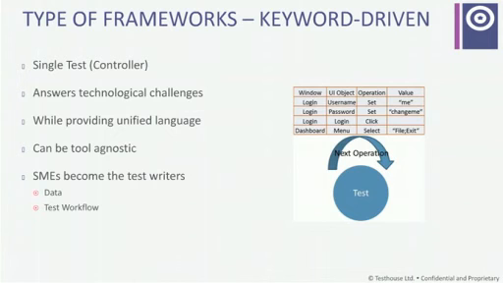Okay, so what you're doing is you're actually moving away from scripting your test to having an engine which is able to read this Excel spreadsheet and generate on the fly the steps and interact with the application.